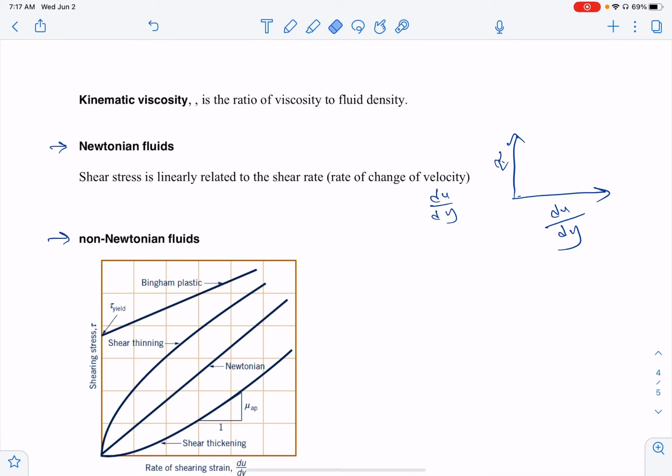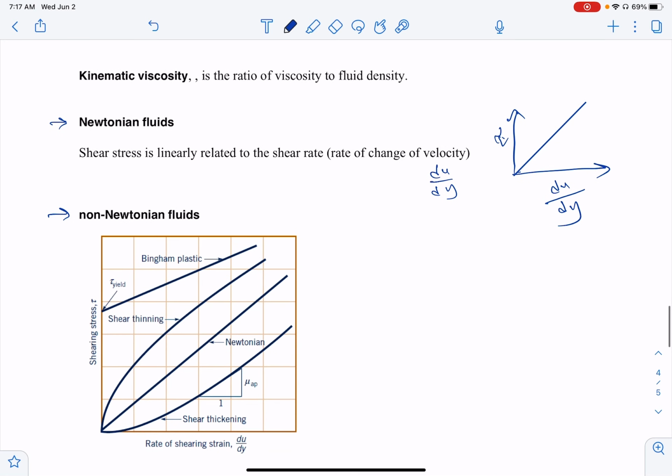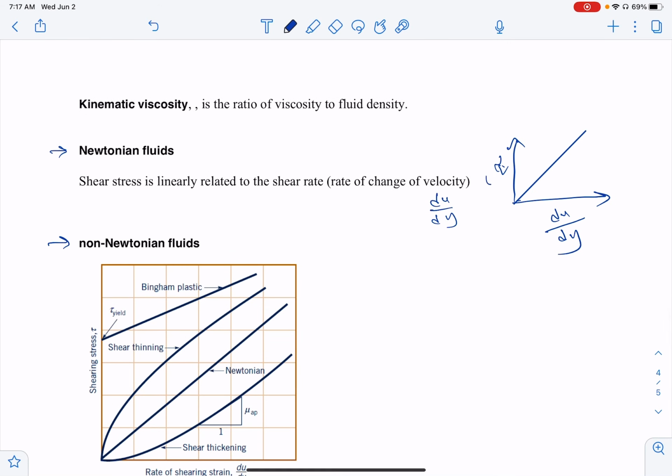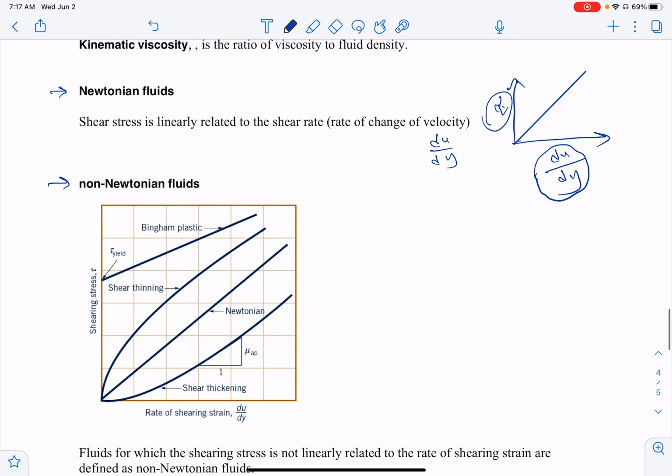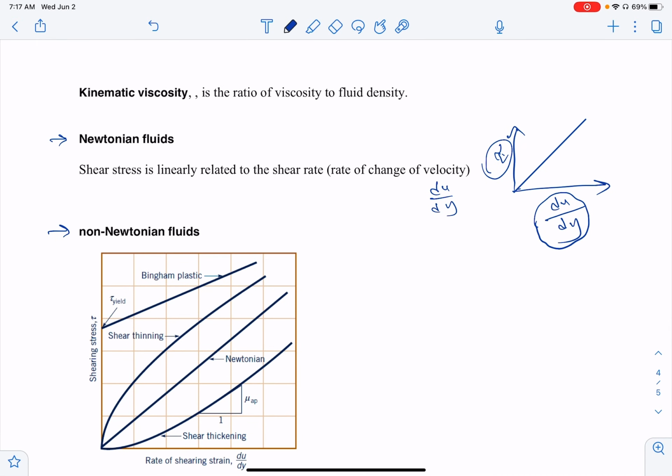I'm so bad at drawing, sorry. Let me try one more time. Okay, now it's good. These two properties are linearly related to each other. So this is a Newtonian fluid.